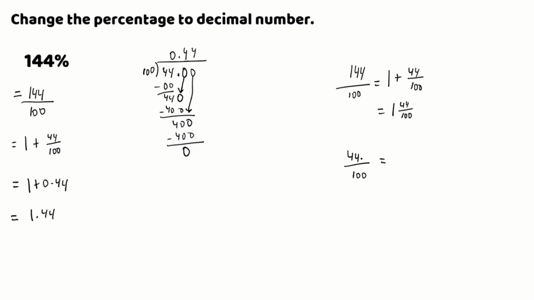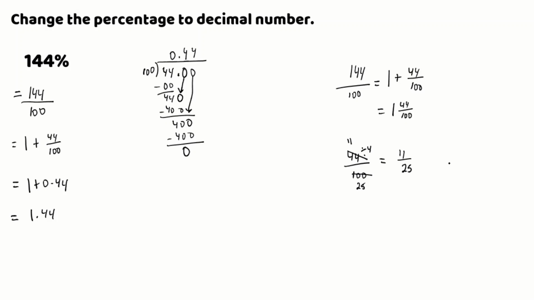And to reduce my fraction 44 100ths, I can divide my fraction by 4. 44 divided by 4 will leave us with 11. 100 divided by 4 gives us 25. So we now have 11 25ths, which is an equivalent form of 44 100ths.